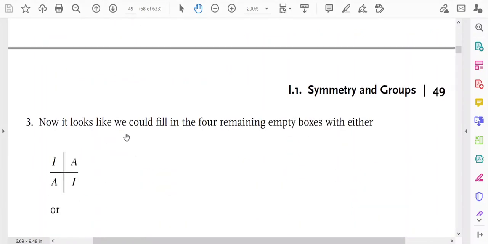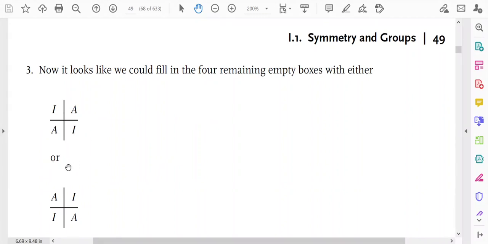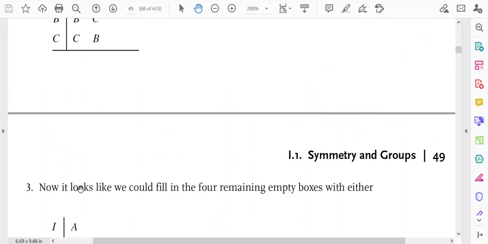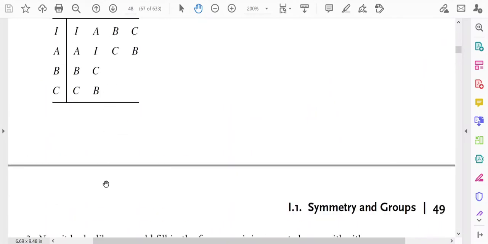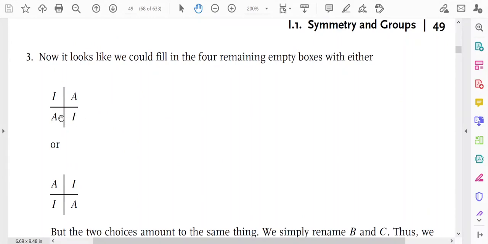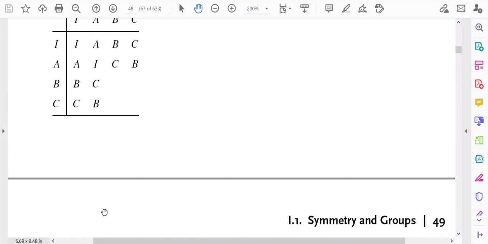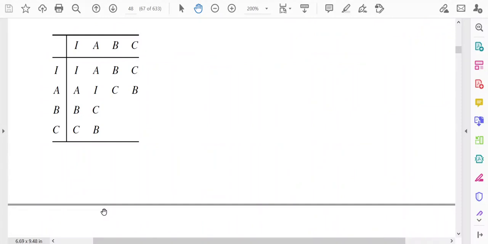Now it looks like we could fill the 4 remaining empty boxes with either IAAI or AIIA, because if we apply the once and only once rule, then only these elements have to be written in this particular position, and the choice is 2, that is either we write IAAI or AIIA. Now you see the structure of the particular table.